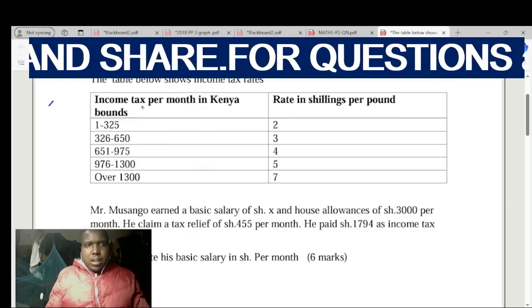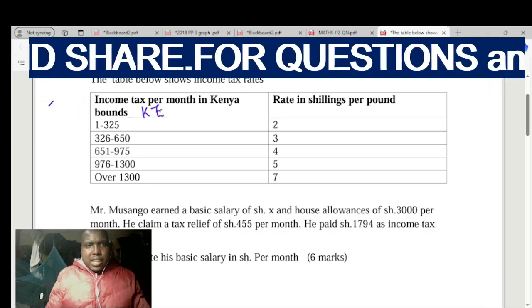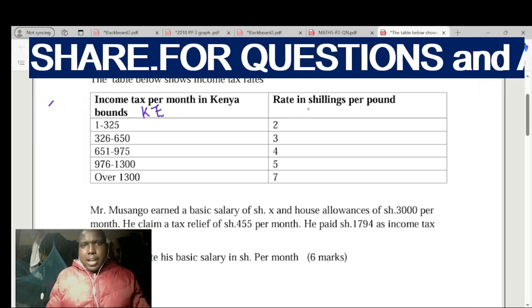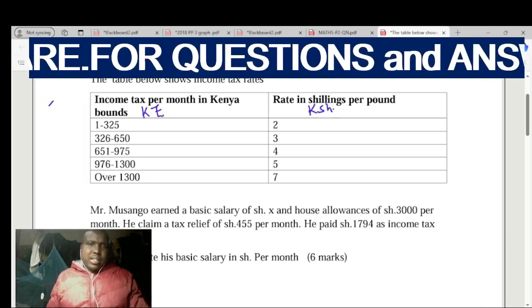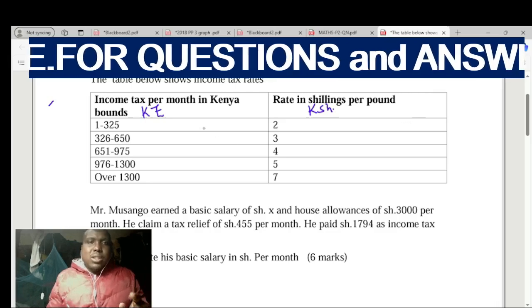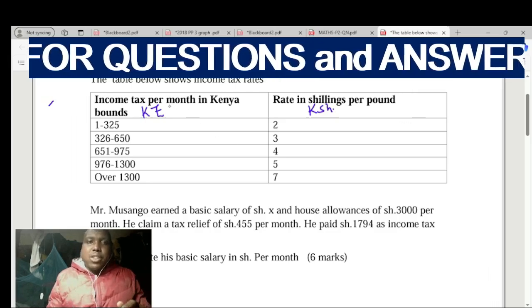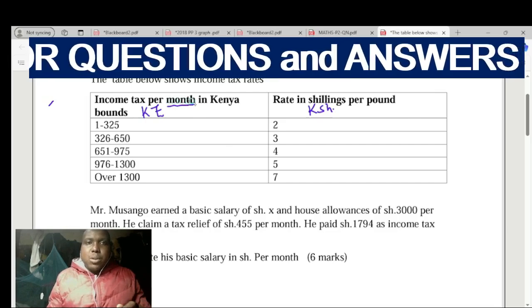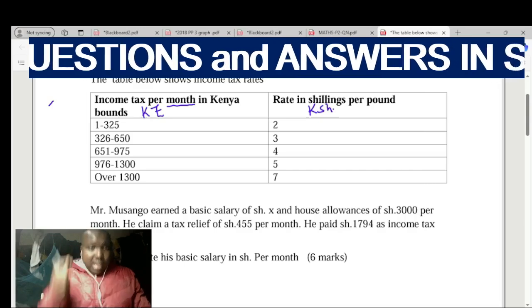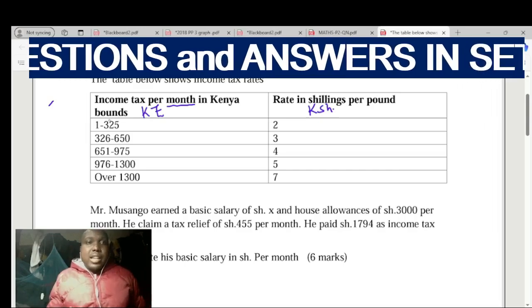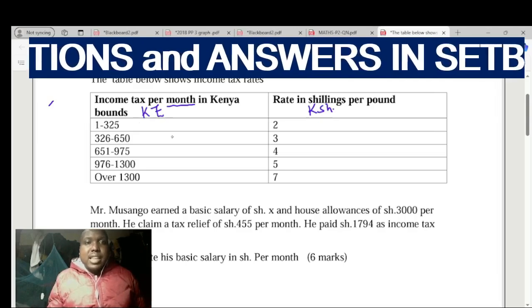So this one is in Kenya pounds, and this one is in Kenya shillings. First, you should look at the table: is it per month or per annum? This table is per month. That is the first thing you should understand. And this money is in Kenya pounds.